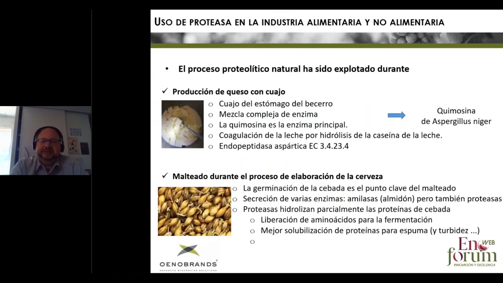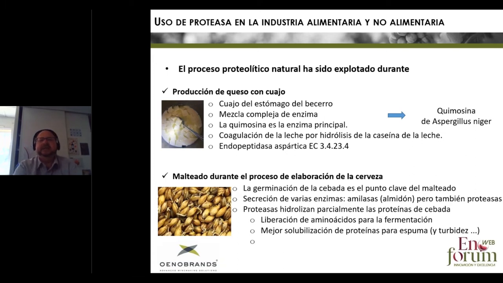The use of protease in the food industry and the non-food industry is an old story, and the proteolytic process has been used and exploited for years, like for the production of cheese using rennet, which initially comes from the stomach of calves.